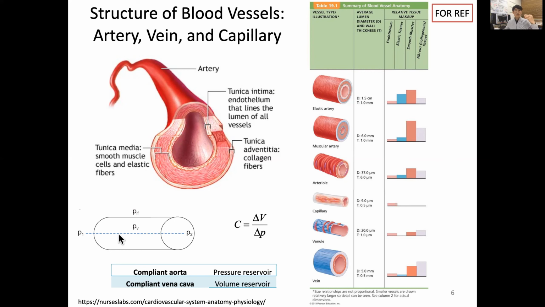And for the flow to happen, we need a driving force. In this case, fluid flow pressure. Pressure is the driving force. So here, one side P1, the other P2. If P1 is higher than P2, the flow will pass from P1 towards P2.